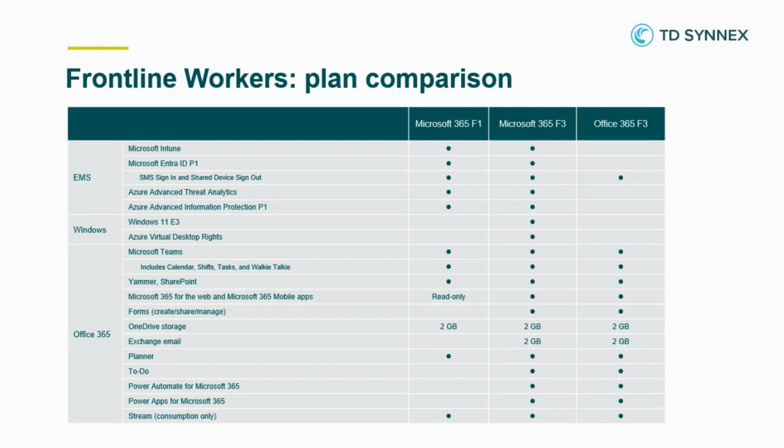Whereas the Microsoft 365 F3 plan gives a richer set of tools, including, for example, the ability to edit documents and access email, along with including the Office 365 F3 elements, Windows 11 E3 and EMS E3. And it is worth noting that it's also possible to add some of the extra security and compliance tools to users licensed with Microsoft 365 F1 or F3.